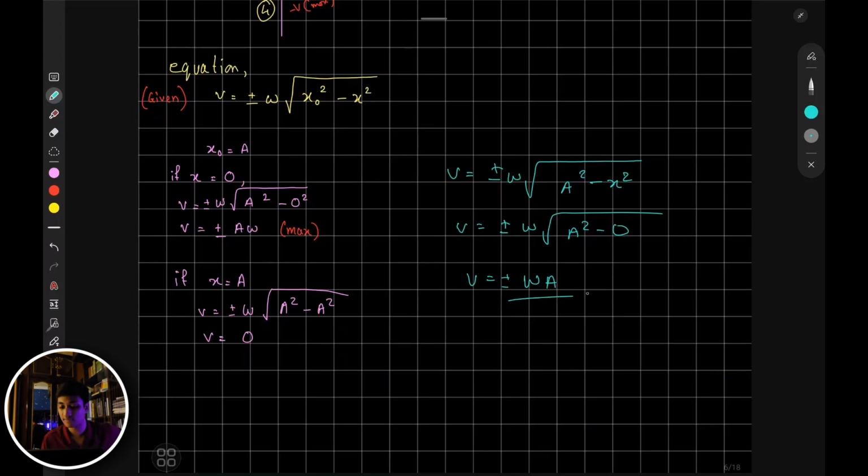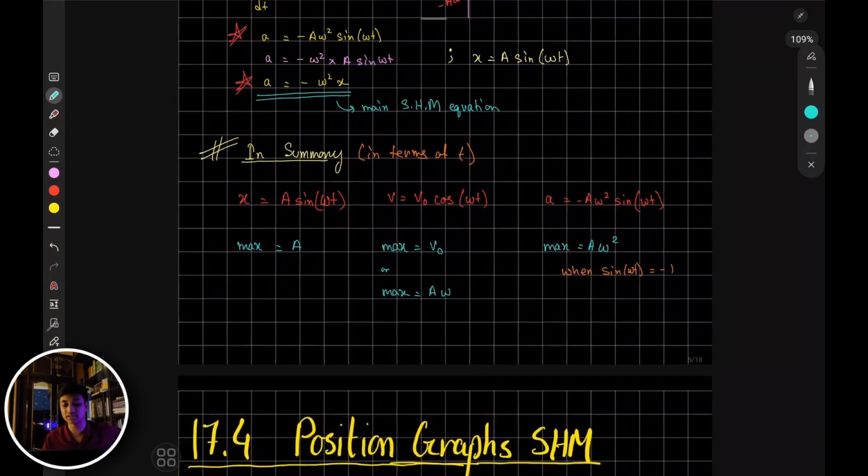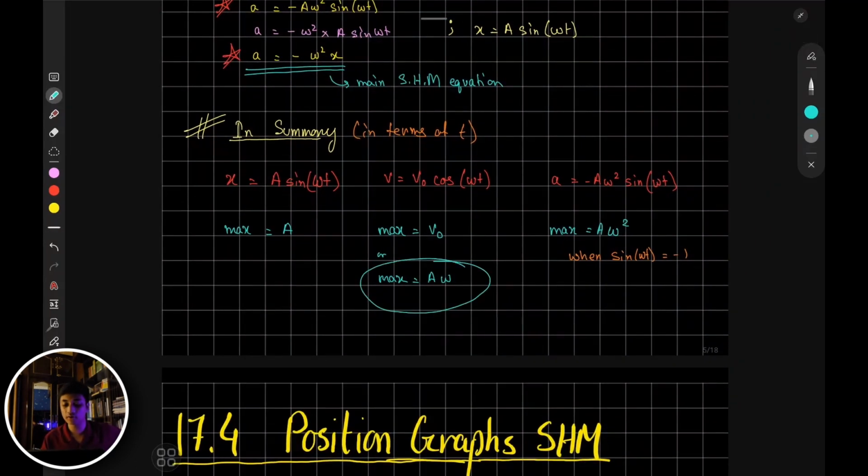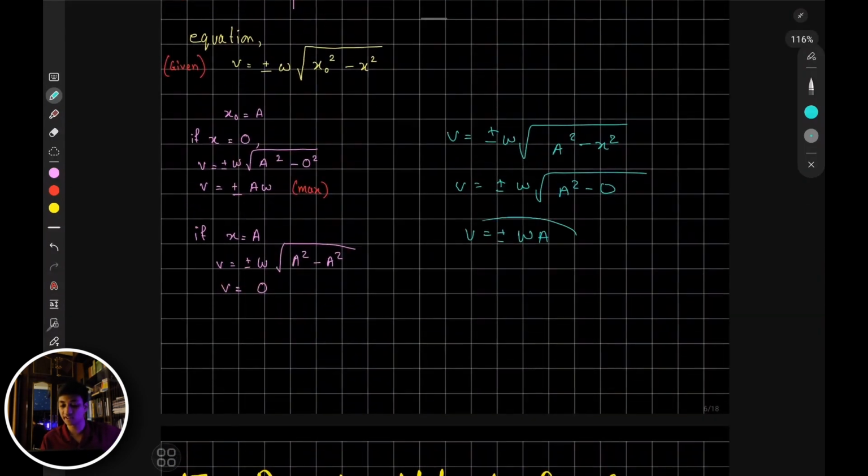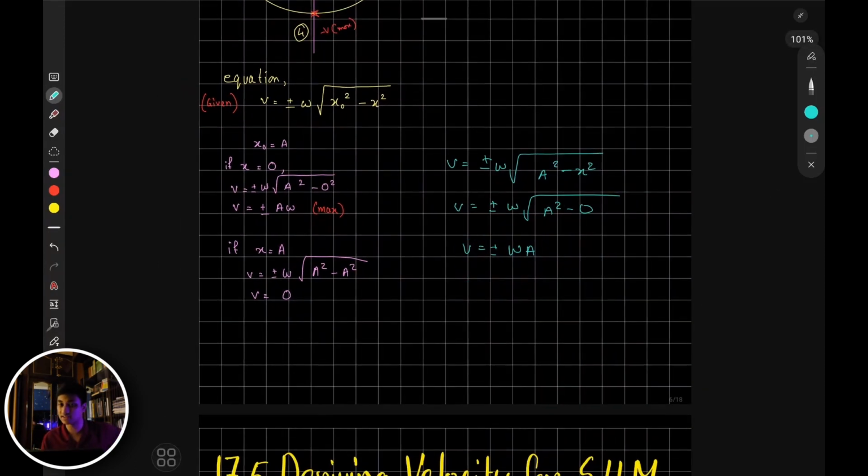Now if you remember the previous equations, what was the maximum value for velocity? A omega. What have we received over here? A omega as well. So that is the beauty of both of these equations, that they do not give contradicting values. They always give you the same accurate value for velocity, granted the time and displacement match. So you know the maximum velocity is a omega.